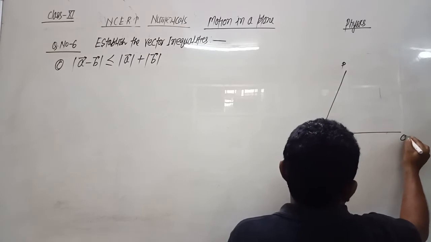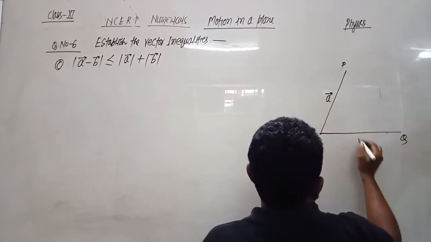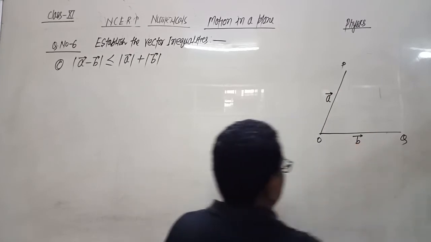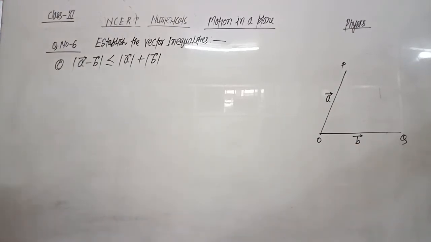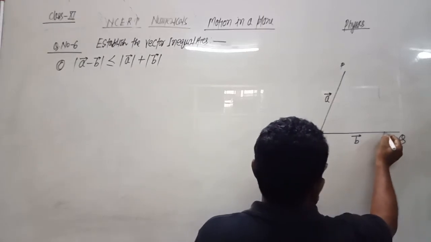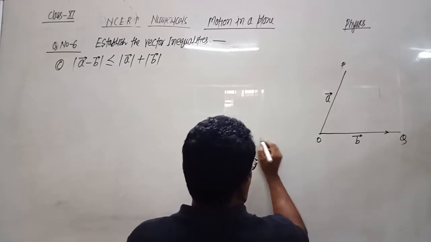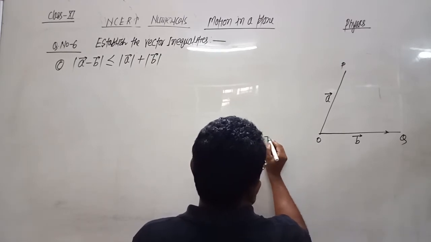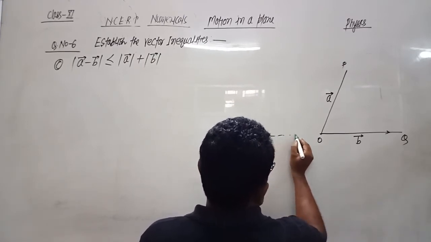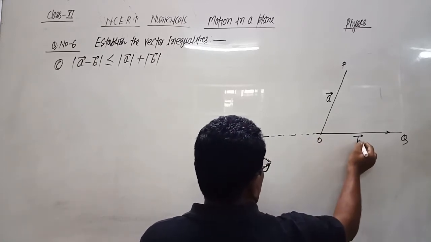OP is represented by vector A and OQ is represented by vector B. Then we draw another vector just opposite to OQ.